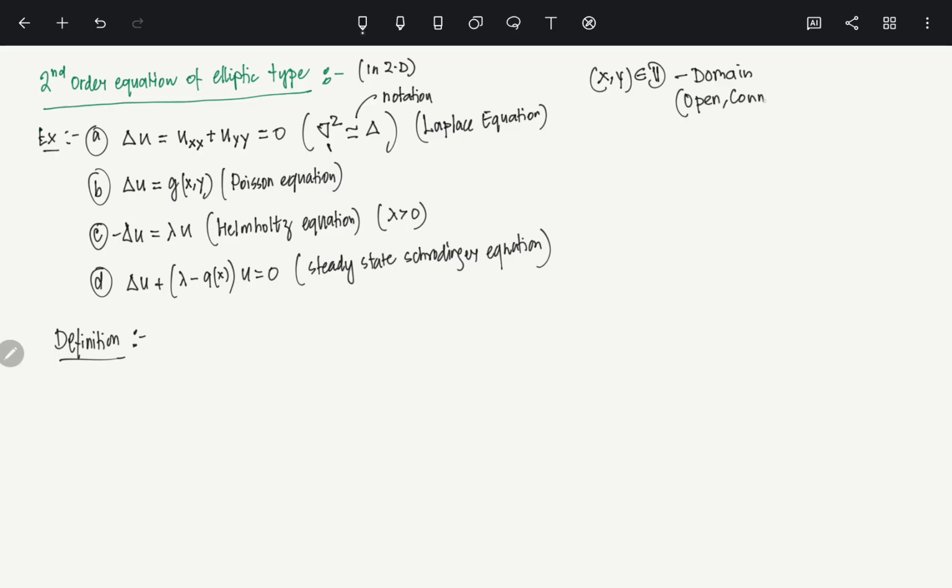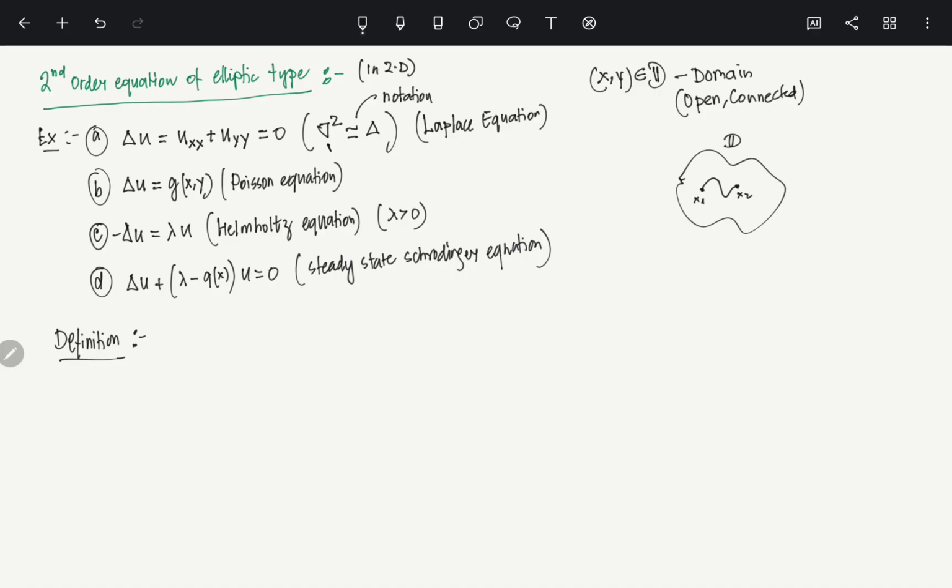Connected means, let's say this is your domain. If you take any two points x1 and x2, you have a continuous path which joins x1 and x2, and the path totally remains in the domain D. This is the definition we are choosing. So basically it is an open set and a connected set, and I am taking my (x, y) from there.